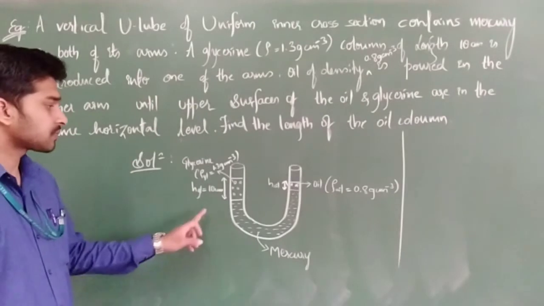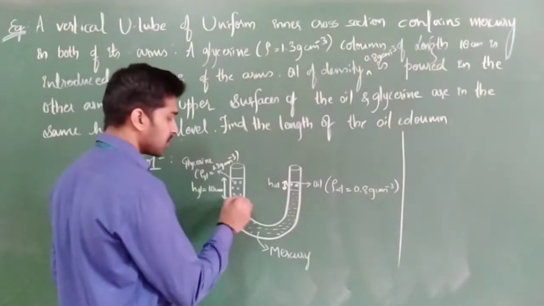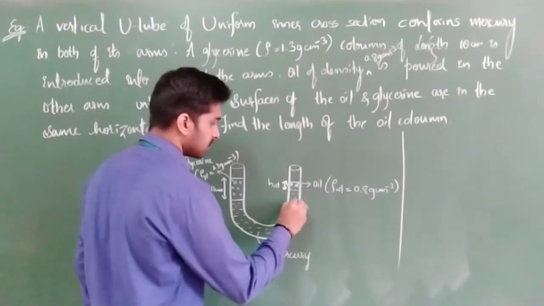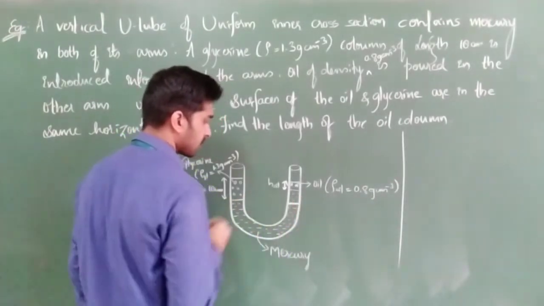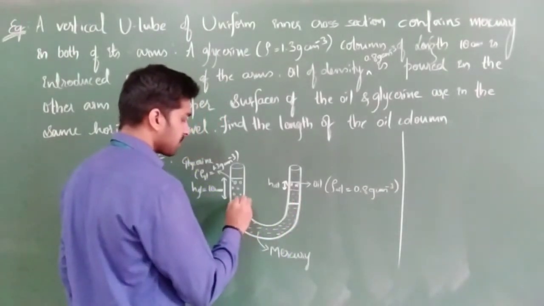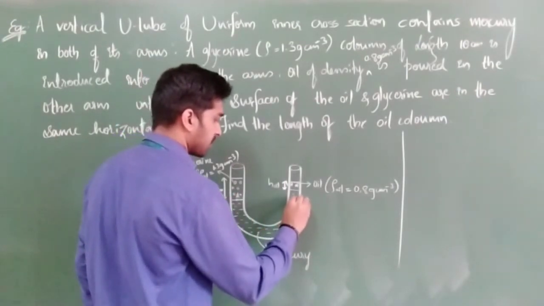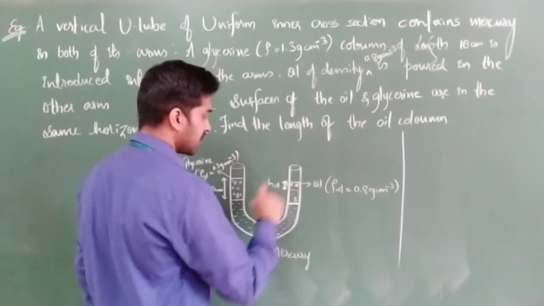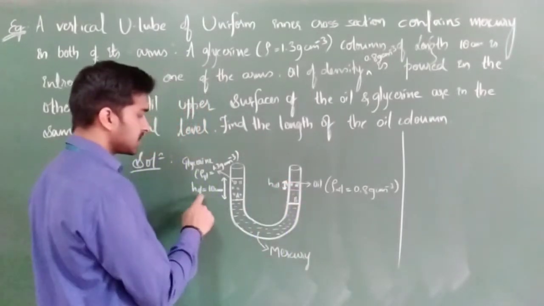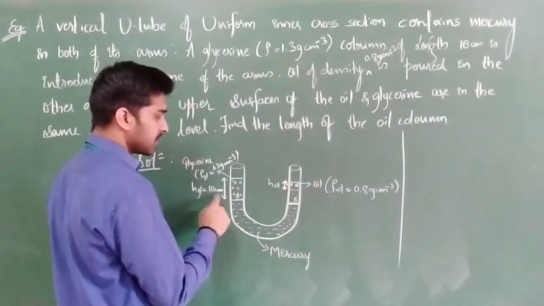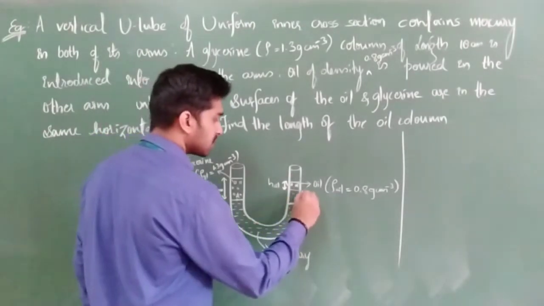First of all, let us consider this horizontal level. I will call this point A, and as earlier, this as point B. If this is HGL, this is H oil. So the total is 10 centimeters.